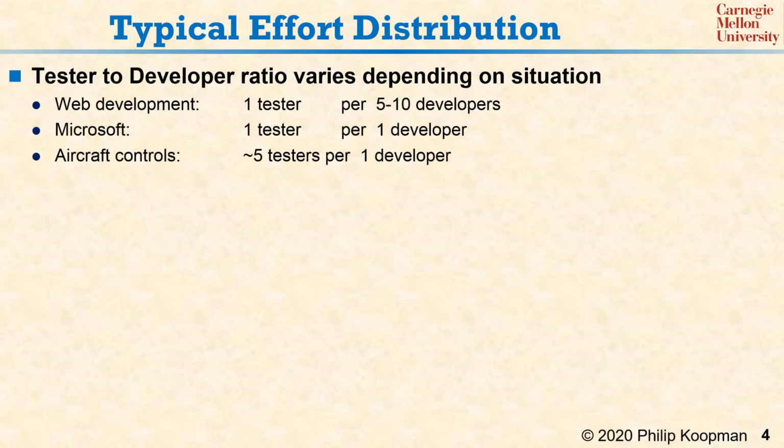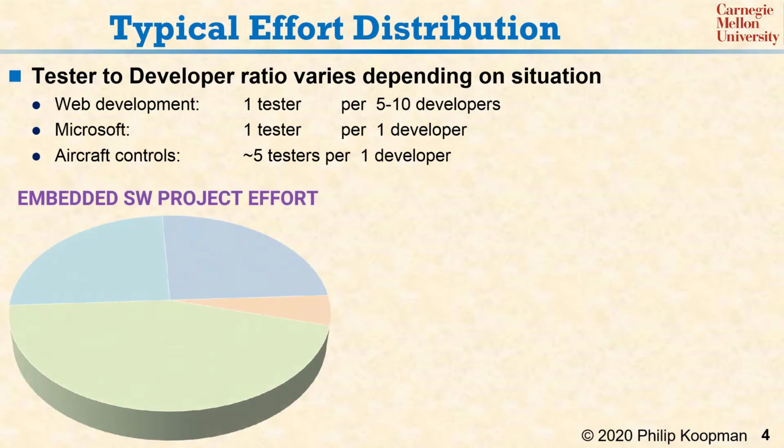Based on extensive interactions with embedded system companies that make highly reliable software, we have found that it is common to have a tester-to-developer ratio of about 1 tester for every 1 developer. The effort tends to divide up in the following way. About 1/4 of the labor hours charged to a project are spent by developers doing requirements, architecture, design, and implementation. Another 1/4 of the labor hours gets spent by developers doing peer reviews, unit tests, tool development, and bug fixes.